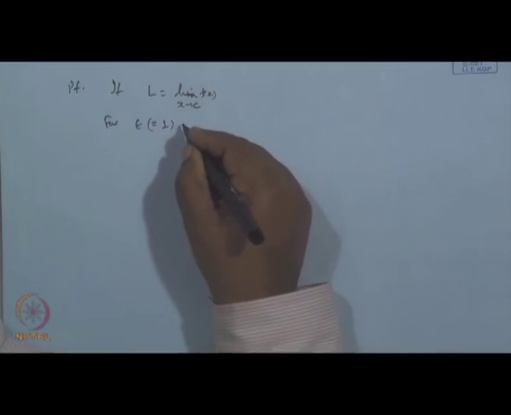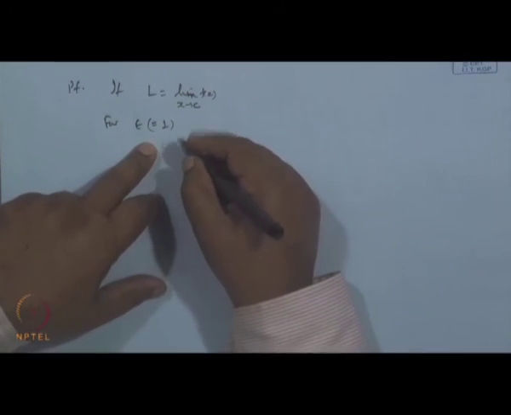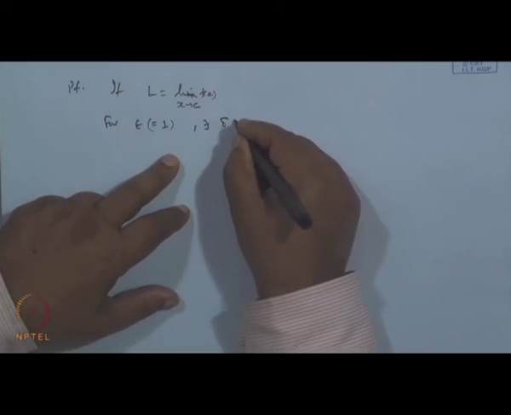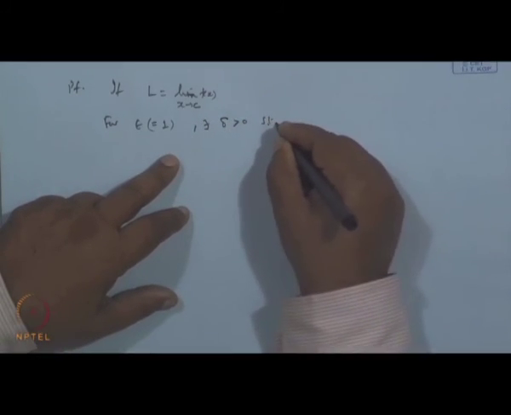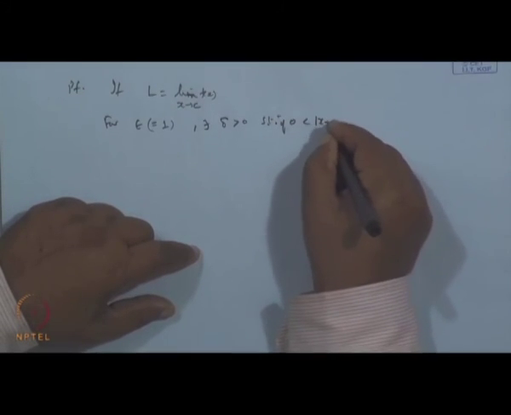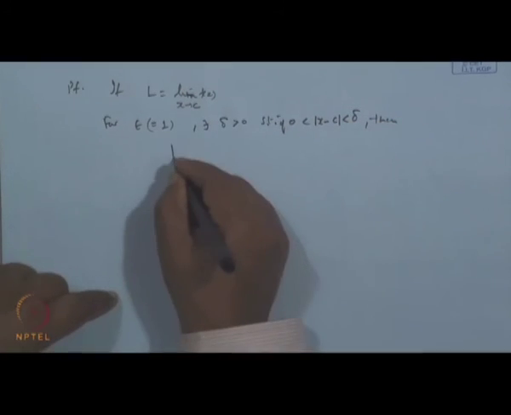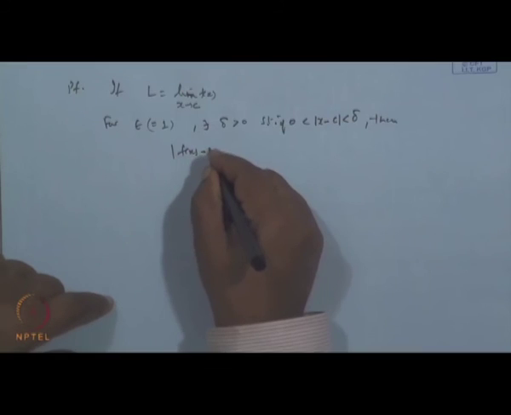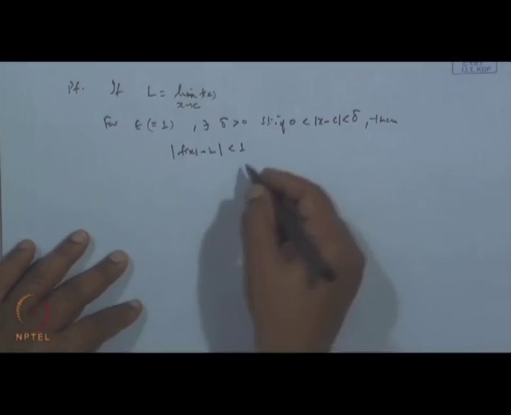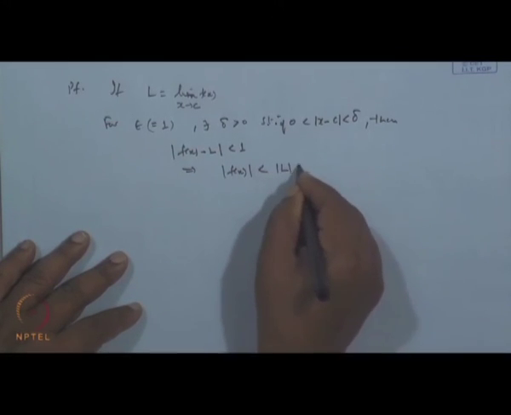There exists a delta, which depends on epsilon, positive, such that if 0 is less than |x minus c| less than delta, then |f x minus L| is less than 1. Now, from here, can you not say that |f x| is less than |L| plus 1?